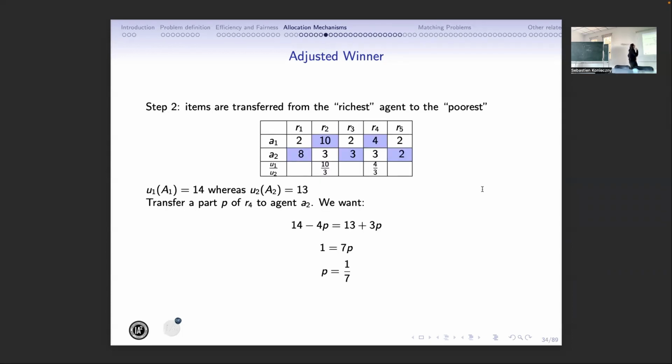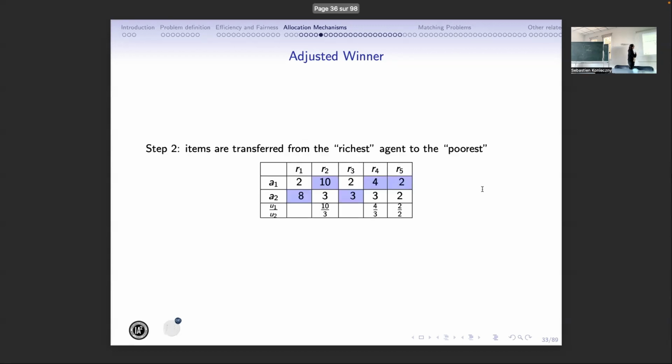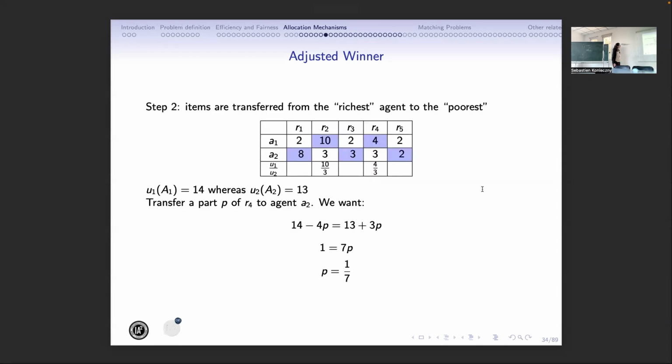So we consider the resources in increasing order of the ratio. We first transfer the last resource. If you look at the ratio, we have 1. This is the minimum. So we transfer the last resource to the second agent.